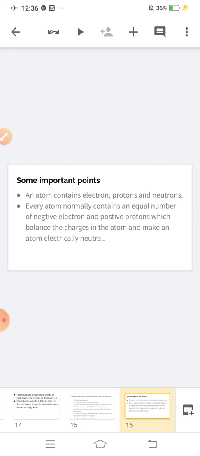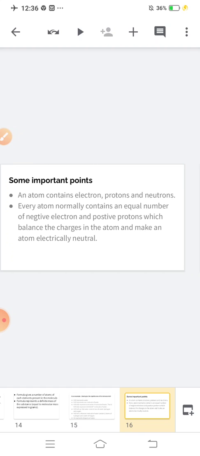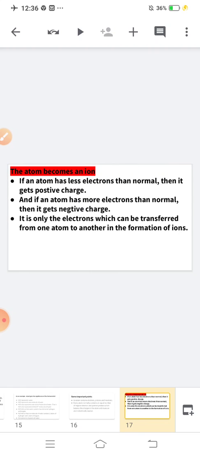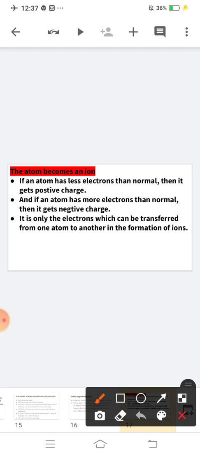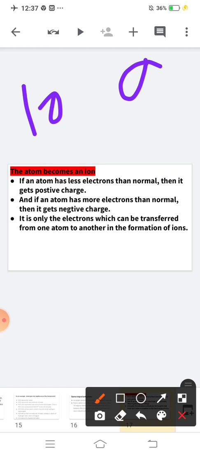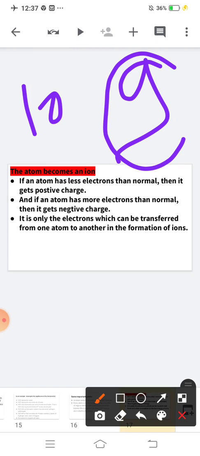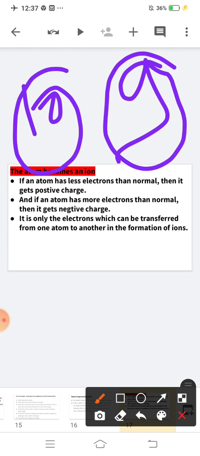So, on the basis of this, I will now explain ions. When your atom becomes an ion, if an atom has fewer electrons than protons, say the number of protons is 10 and the number of electrons is 9, here the number of electrons is less as compared to protons. So it gets a positive charge. Why?